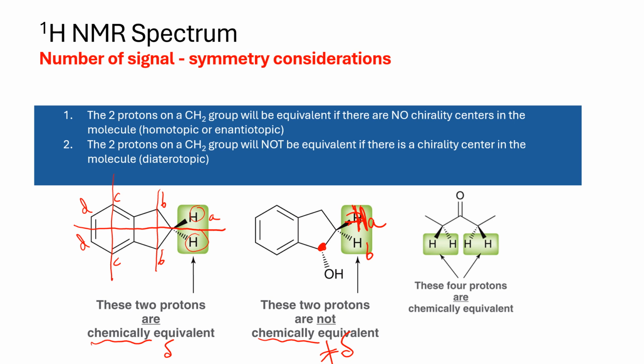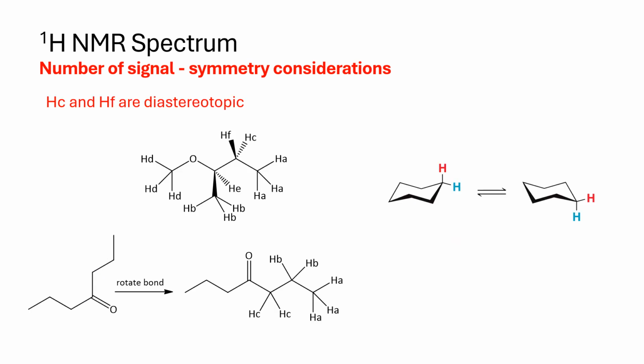And you don't have chiral centers, so they are homotopic. Here, this molecule, we have signal A and signal B, so this is A as well, and B, plane of symmetry here. So you will have signal A due to 6 protons total, 6 H's, and signal B is 4 H's. So 2 signals.